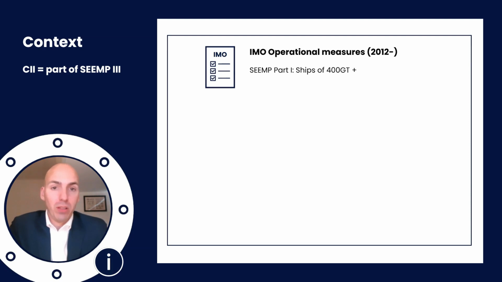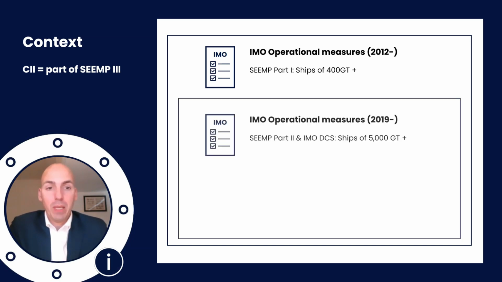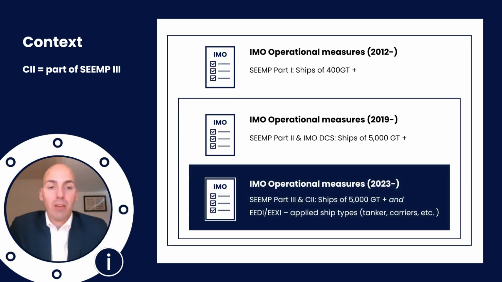So in 2012 there was the first SEEMP, Ship Energy Efficiency Management Plan, part 1, for all ships above 400 GT. In 2019 IMO DCS was included for ships above 5000 GT. And now since 2023 IMO included CII and also extended EEDI and EEXI for specific ship types. We'll show you later on which ship types CII applies to.